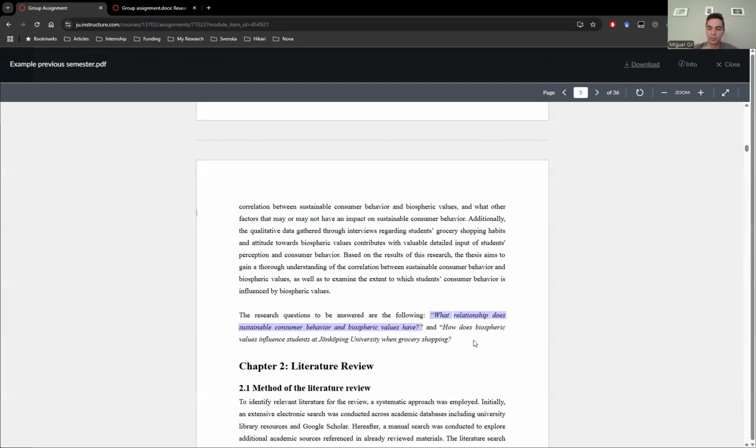How you write it is different. You could have written, what is the relationship between financial stress and student happiness? And that's it. And the second question, the qualitative one: how do biospheric values influence students when grocery shopping? Maybe this could also have been improved a little bit more.